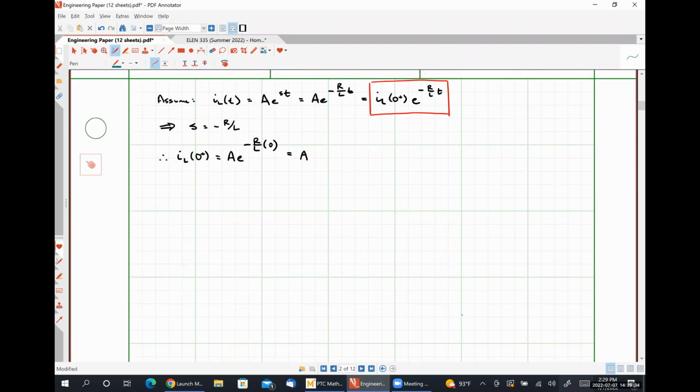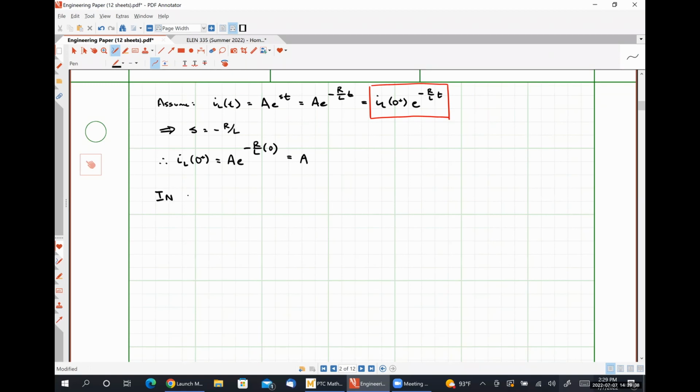So in general, we can say that for an RL circuit, which is any circuit that contains resistors and inductors, y of t, where y here represents any voltage or current in our system, must be of the form y at 0 minus for t less than 0 minus, and it must be of the form y at 0 plus e to the negative R over L times time.